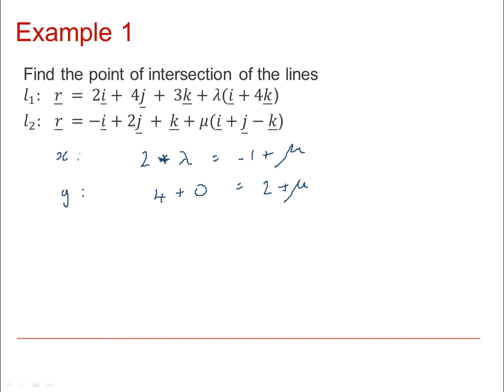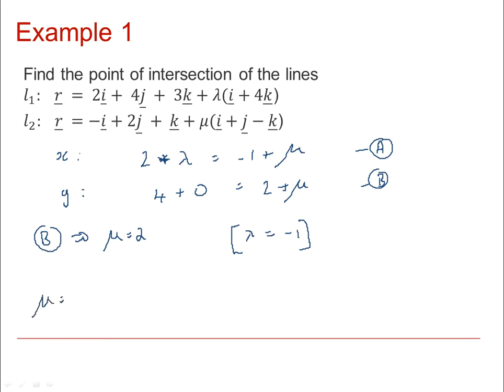Now we can see from that, if we call these A and B, the second equation B means that mu must be equal to 2. That again is sufficient, but we could also go on to check that that means that lambda is equal to -1. Once we've got mu equal to 2, because we know that the lines intersect, we can use that.